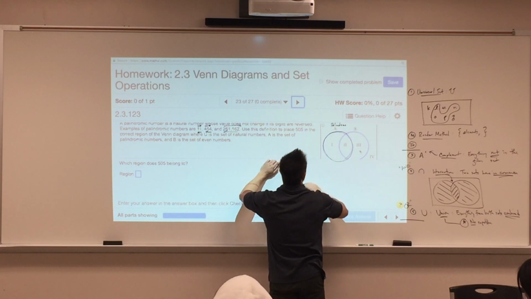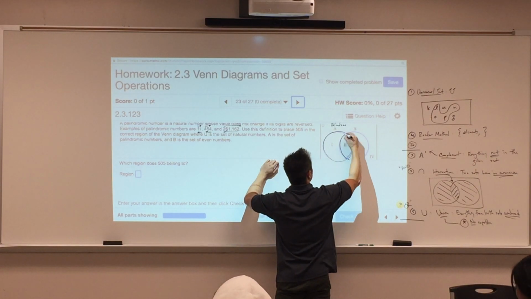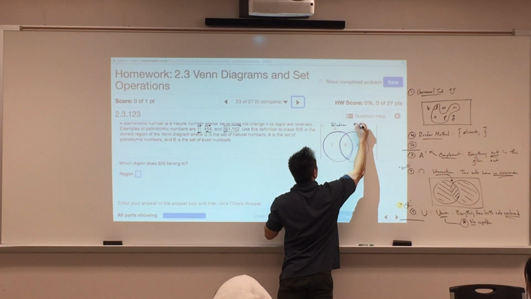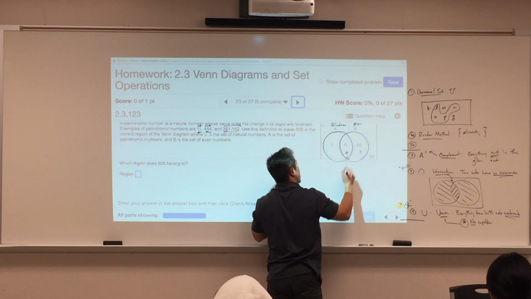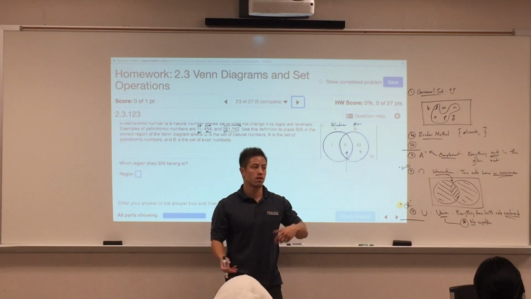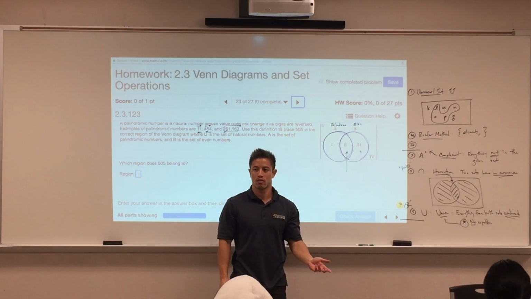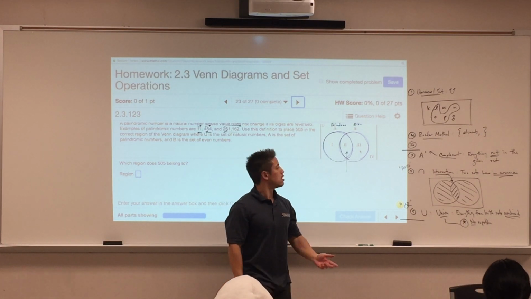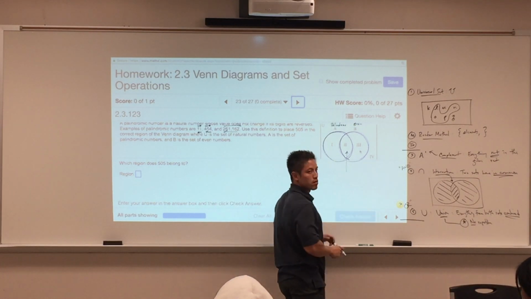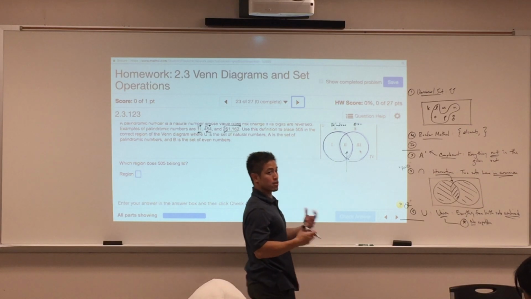Anything that goes in B needs to be even. So what's their overlap? Things that are both palindromes and even. Does that make sense? Okay? And anything that's not there goes out here. So that's what they're driving at.